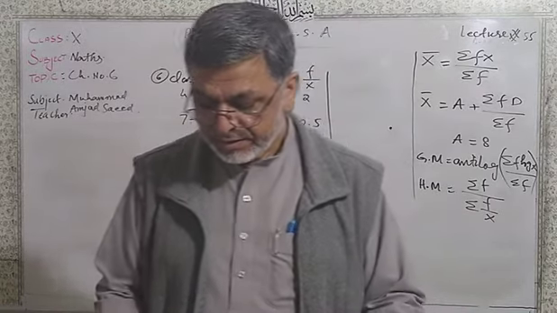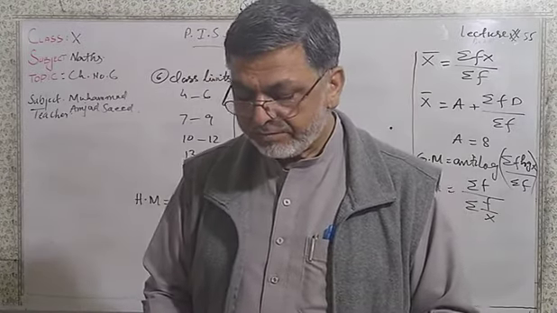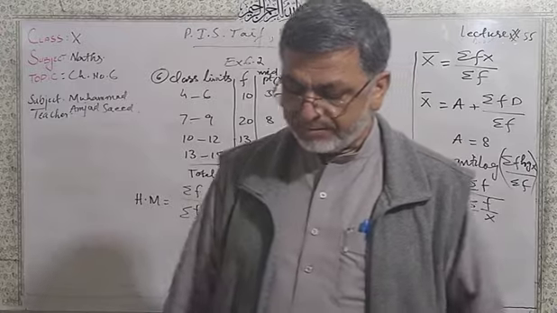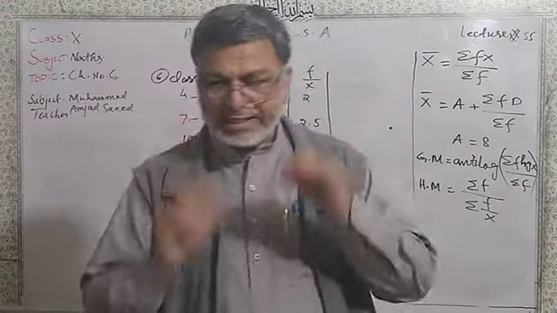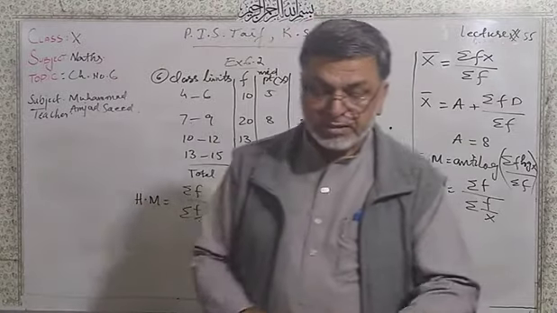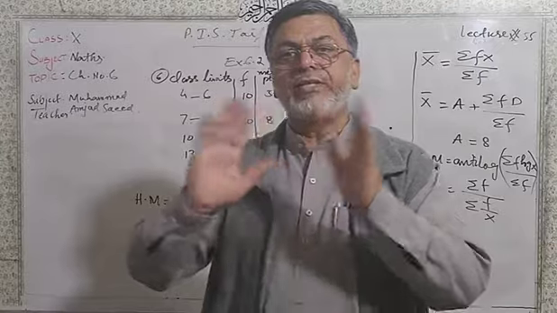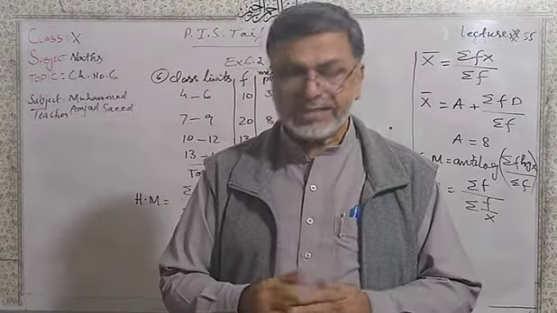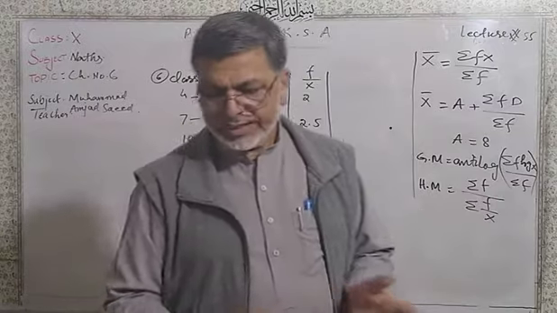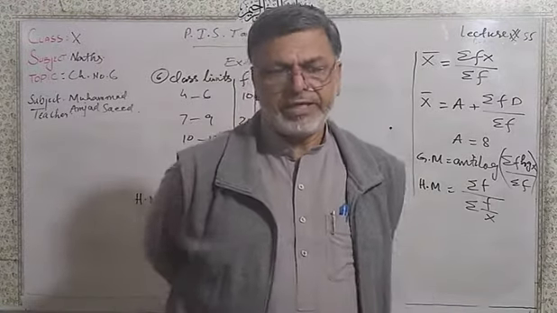After that, I left this question number 7 for you, because remember that in case of mode, the most frequent value in the data is known as mode. And in case of median, this is ungrouped data. So in case of median, you will apply the formula of the median.